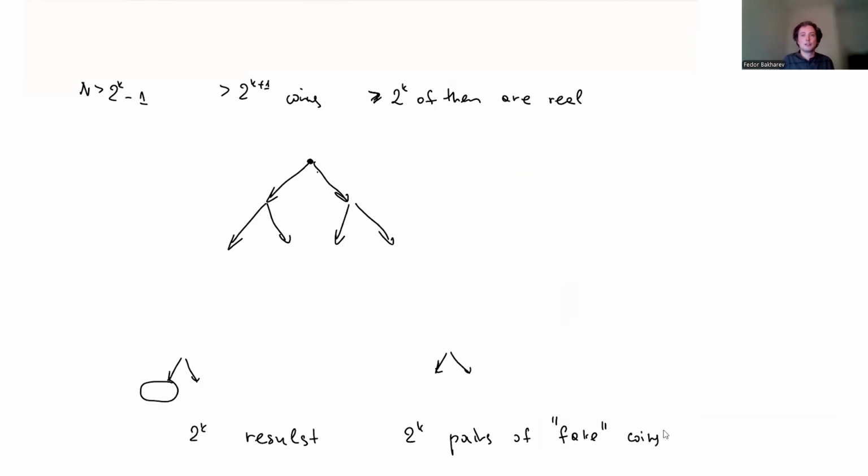But we could, for all these pairs, take one coin and make this coin real. So mark this coin as real.